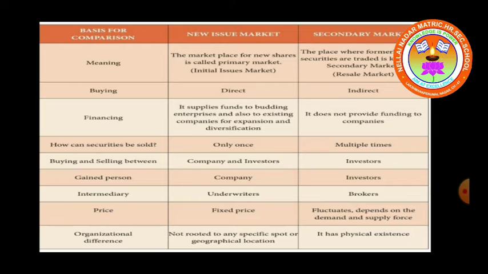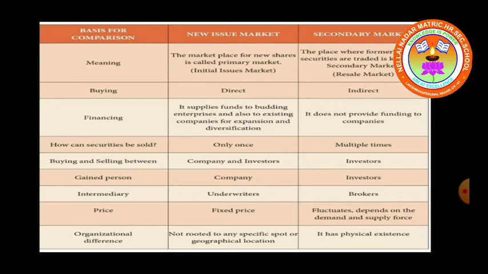In the new issue market we can buy directly from the issuers. In the secondary market, it is indirect, because we buy the shares from the market, not directly from the companies.